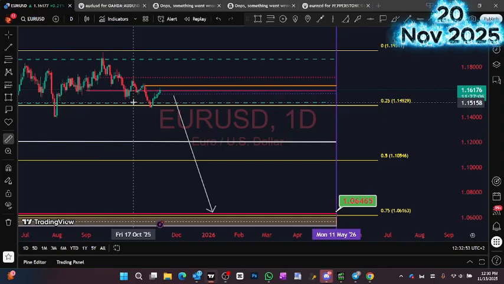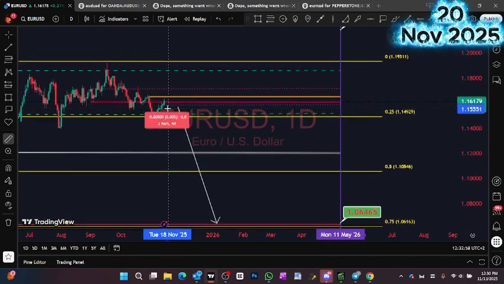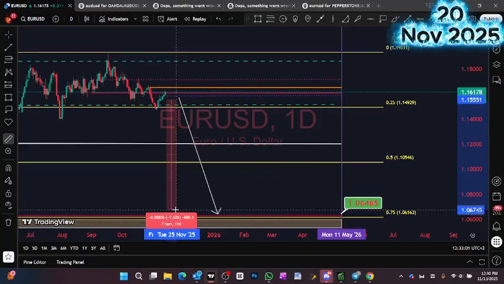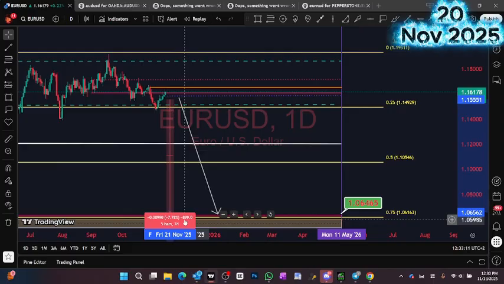But for me, I use daily and H4, as I've showed you before. So if you get it from here till here, you're looking at about 800, let's say 899 pips. I will say just 800 pips.